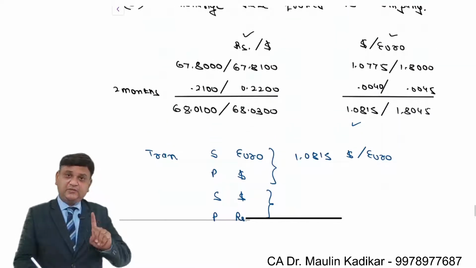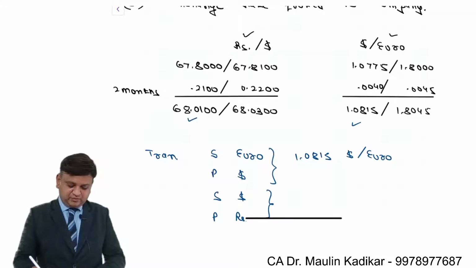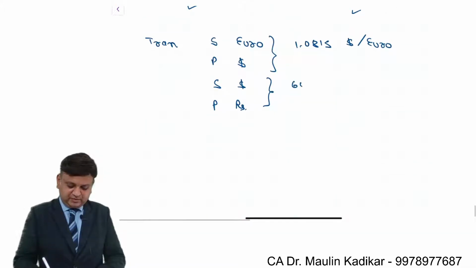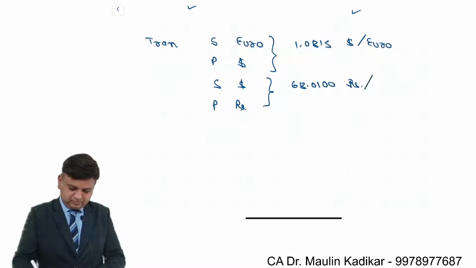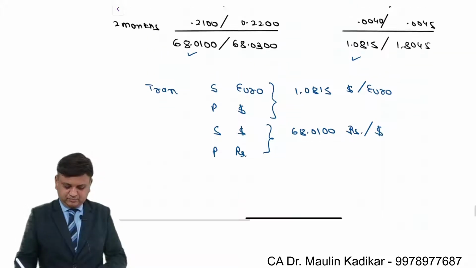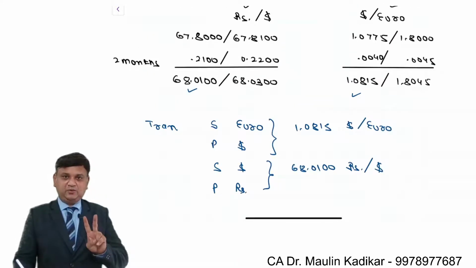In that, again, for every $1 you will get less amount of rupees, 68.01. That is how we will have the two rates.